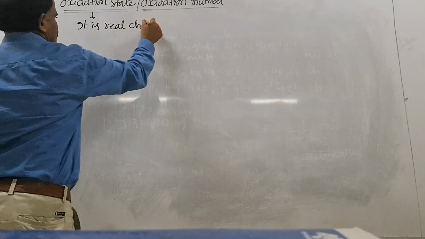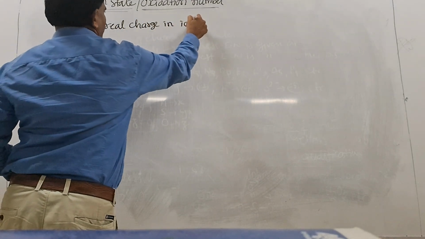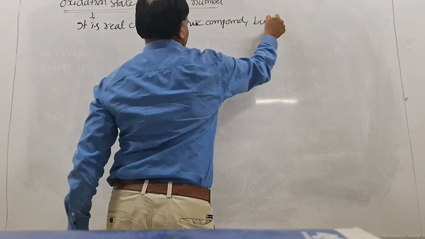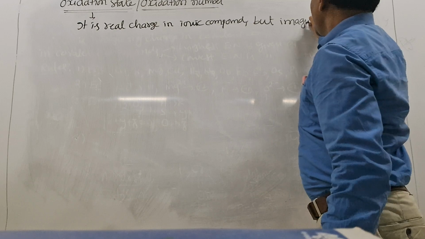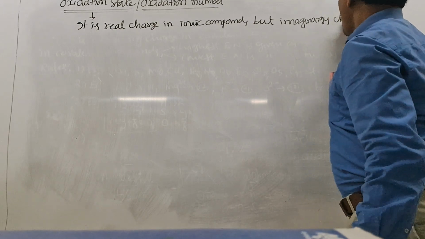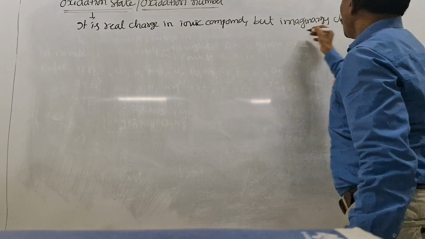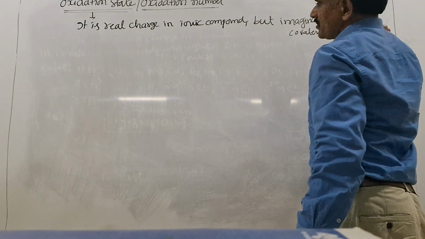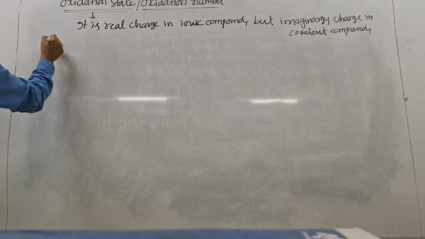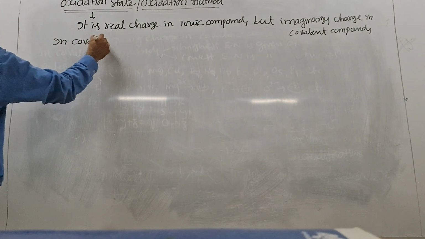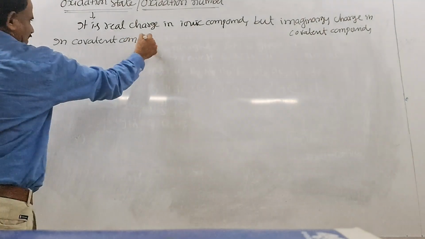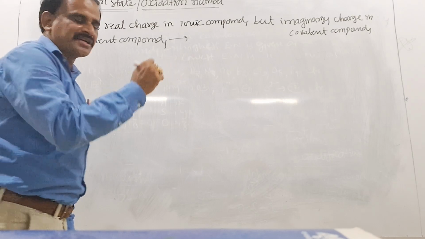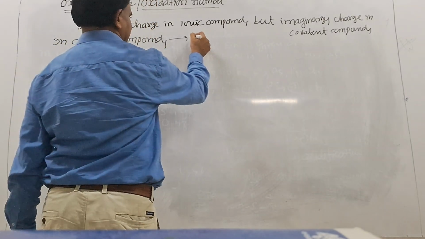in ionic compounds. But imaginary charge in covalent compounds. If you see in covalent compounds, an atom with the highest electronegativity is taken as -1 oxidation state.